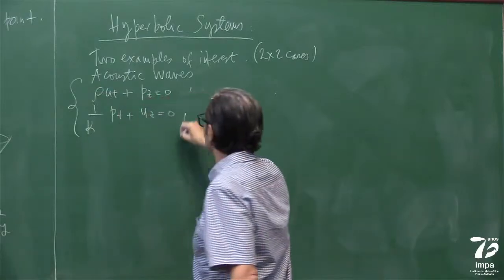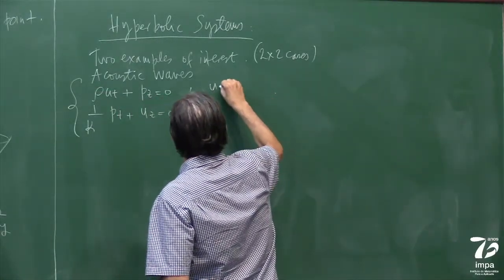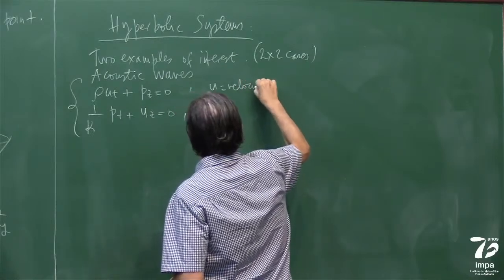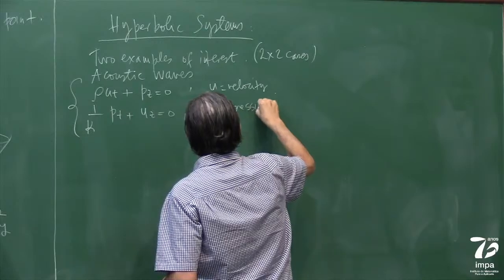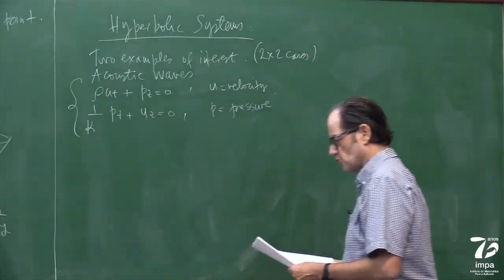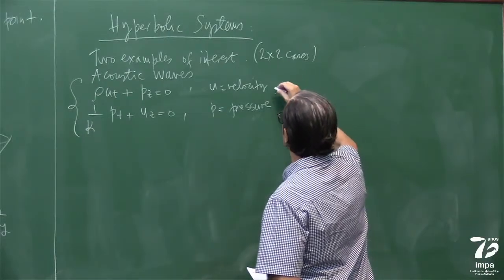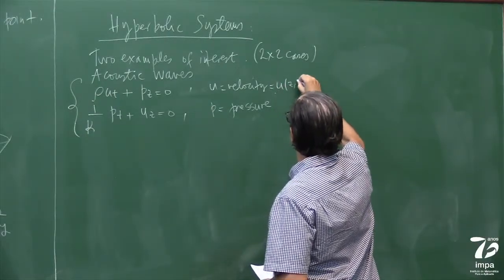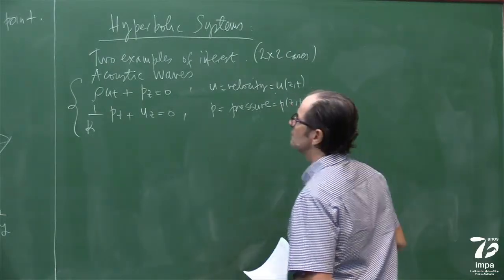These are acoustic waves, okay, where u is velocity or speed, p is pressure. Maybe I should have put u of z, t, p of z, t.